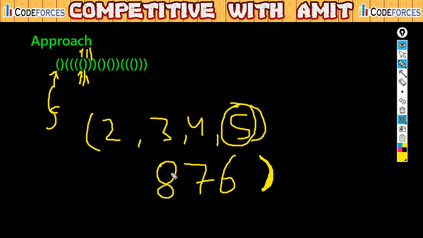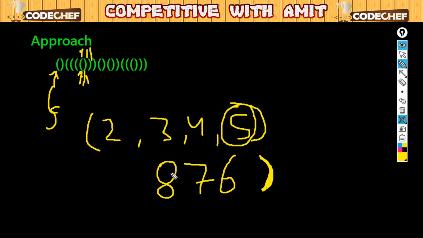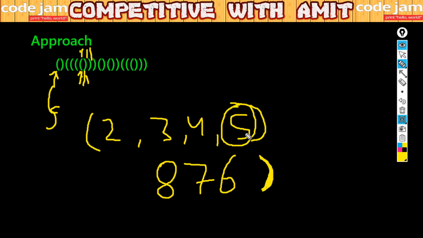So first of all we have to count the opening brackets, then whenever we encounter a closing bracket, we'll pop the last opening bracket, such that we can get our value.